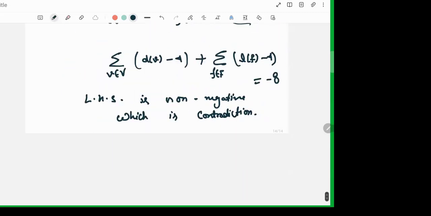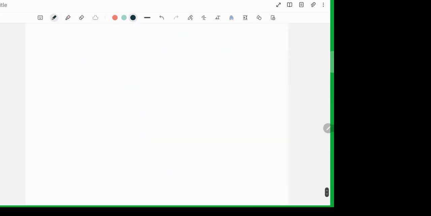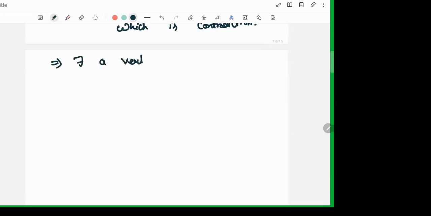So that means what? There should exist a vertex of degree at most 3.